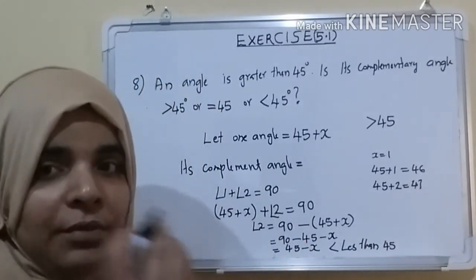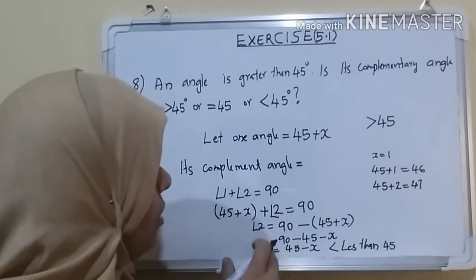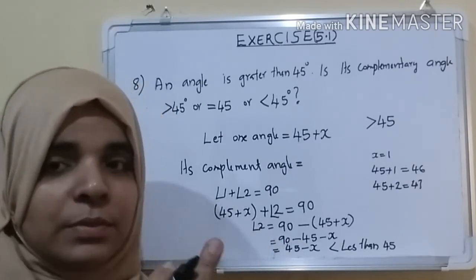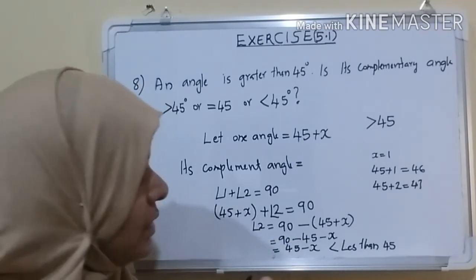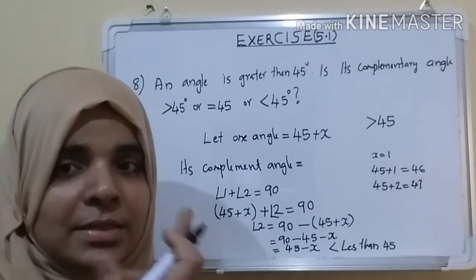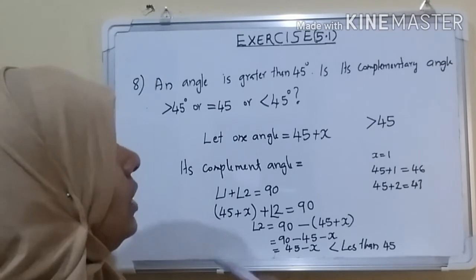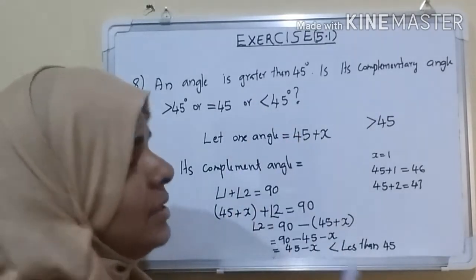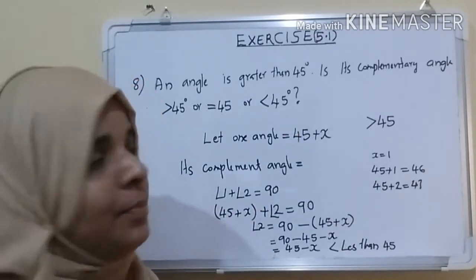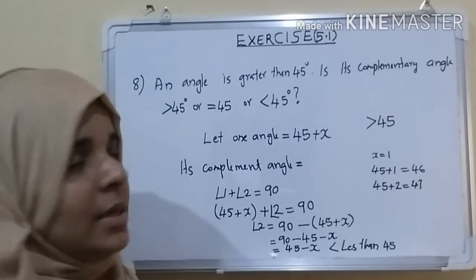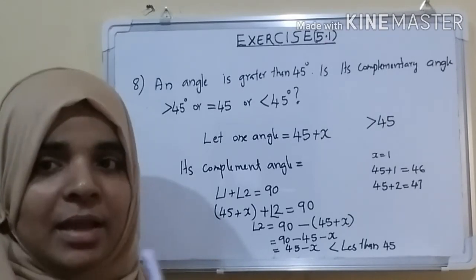If x is 1, what is the angle? Second angle is 45 minus 1, that is 44. If x is 2, 45 minus 2, 43. Angle is 43, like that. So if one angle is greater than 45, then its complementary angle is always less than 45.